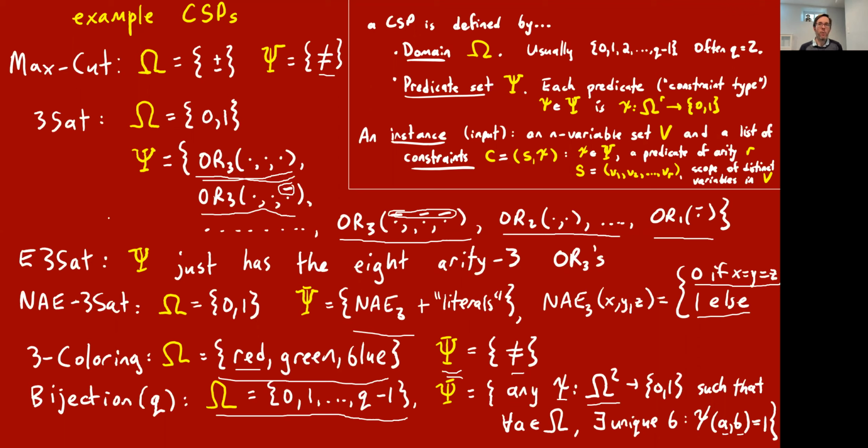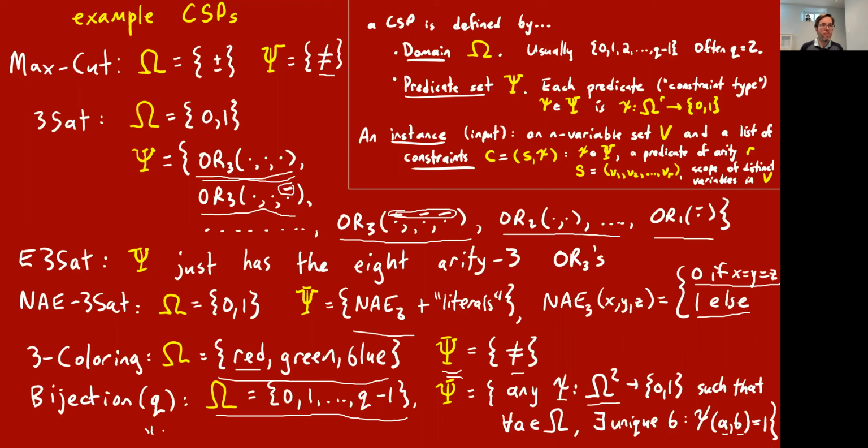But Max-Cut is an example with this property, as is a constraint that's an equation, xi minus xj equals 7 mod q. This is also a bijection constraint, because for every assignment to xi, there'll be a unique value for xj that will differ from it by 7 mod q.